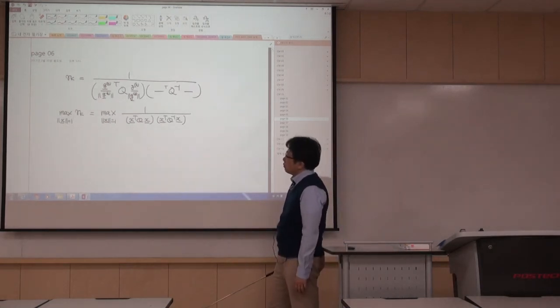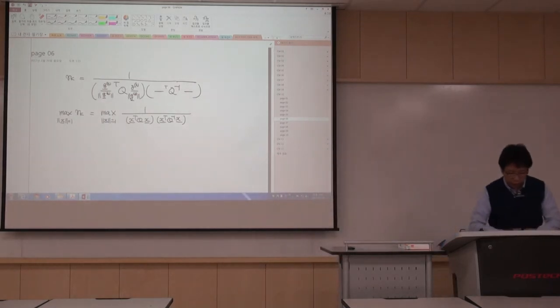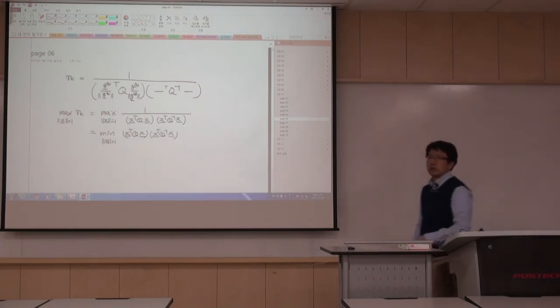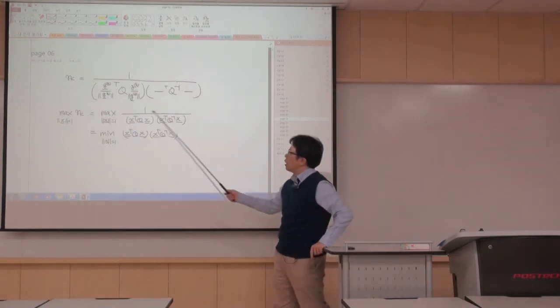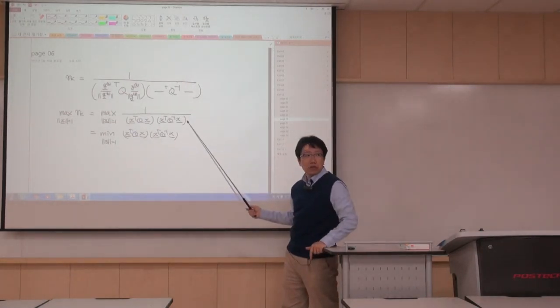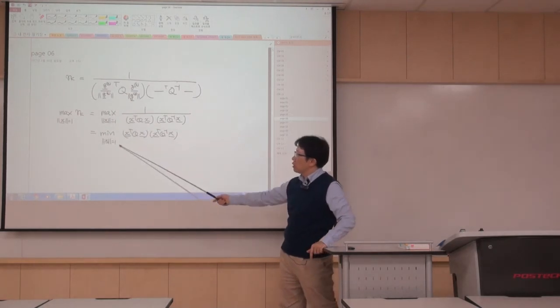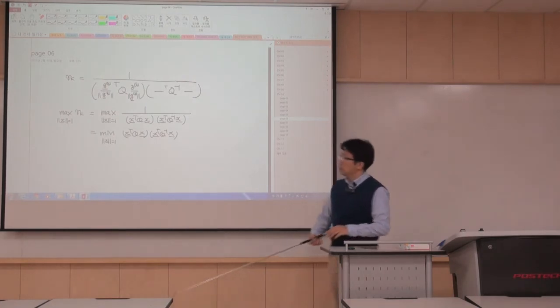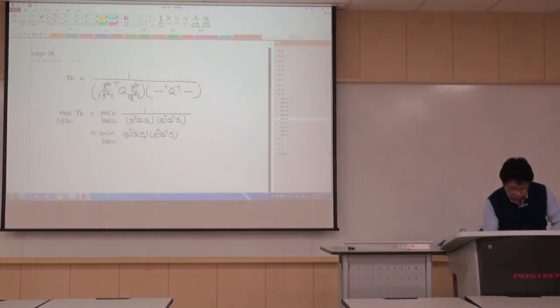Now, check whether this is true or not. Obviously it is true, right? We already know this is a positive value. Okay? So maximization and minimization can be interchanged like this, right? Now, is it then true?